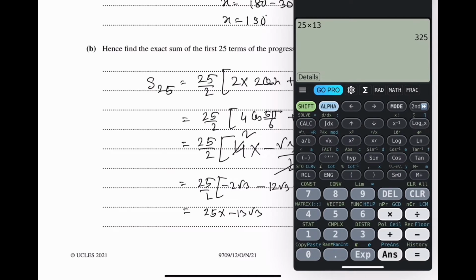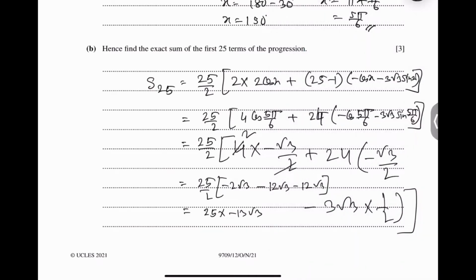So this will be minus 325 root 3. When you are doing this calculation, be serious. You should pay attention when you are finding the solution.